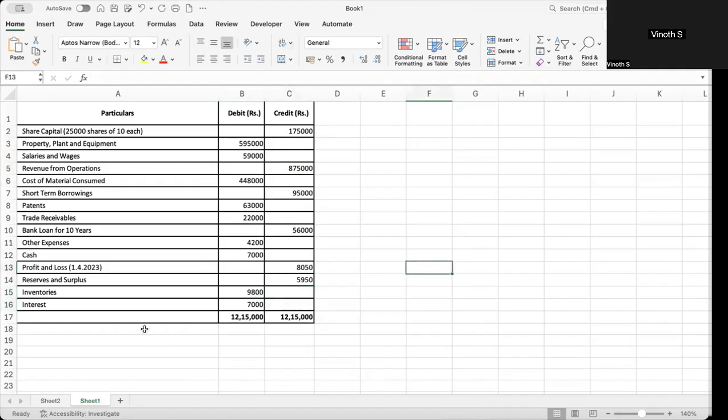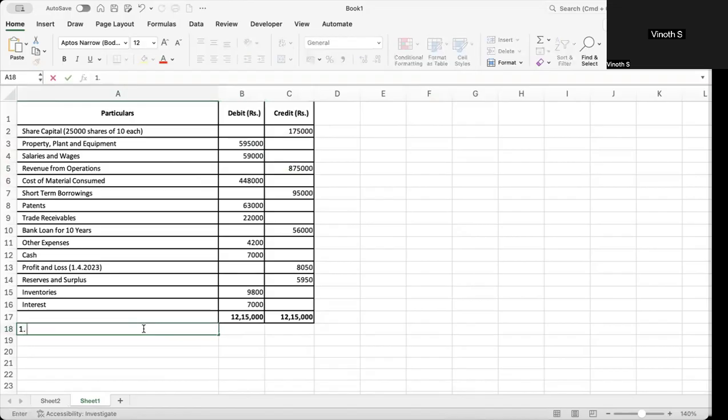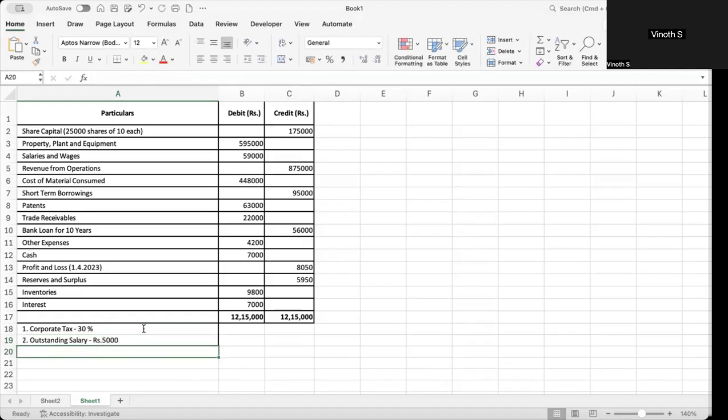Along with the trial balance, the first adjustment item is tax, corporate tax, that is 30%. The second is outstanding salary of rupees 5,000. So these two adjustments I will use here. Then we can see how easily we can execute.